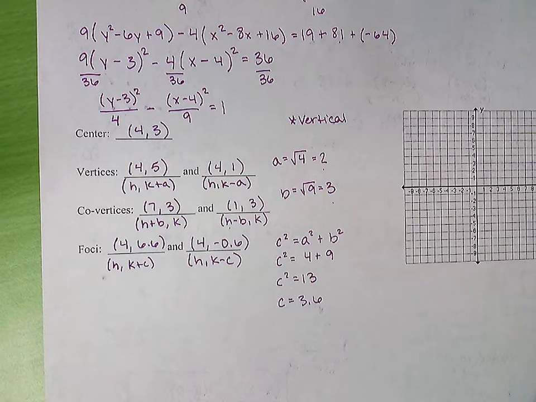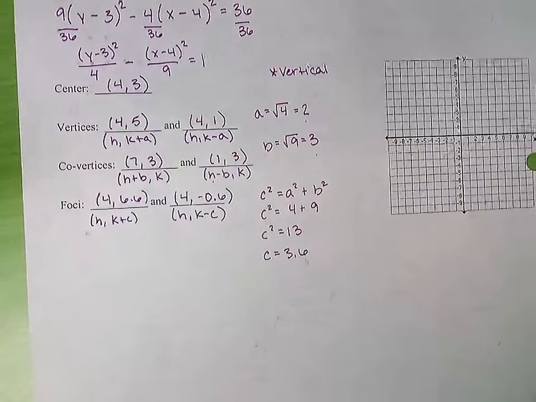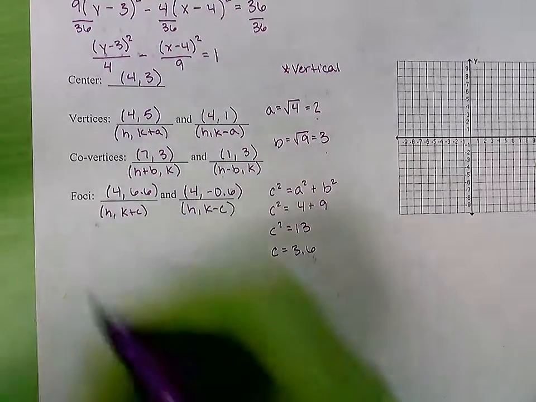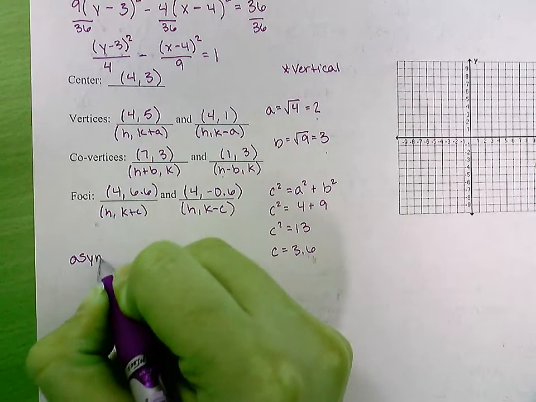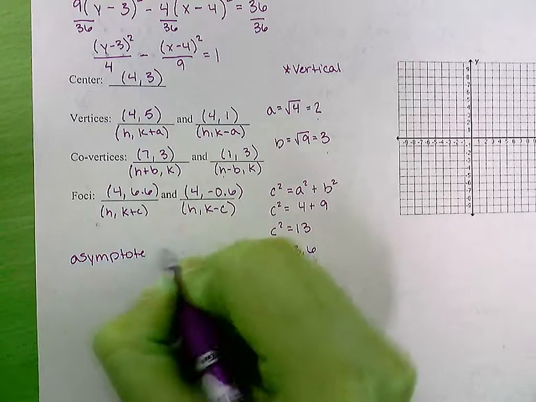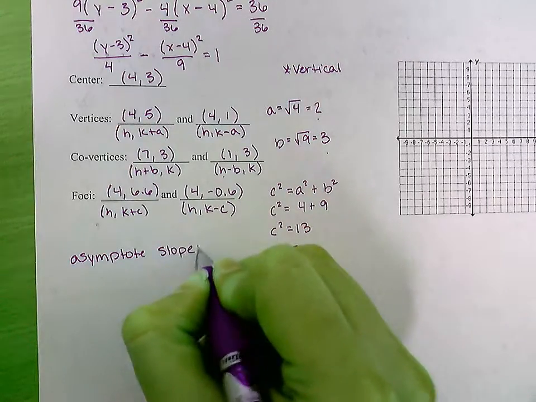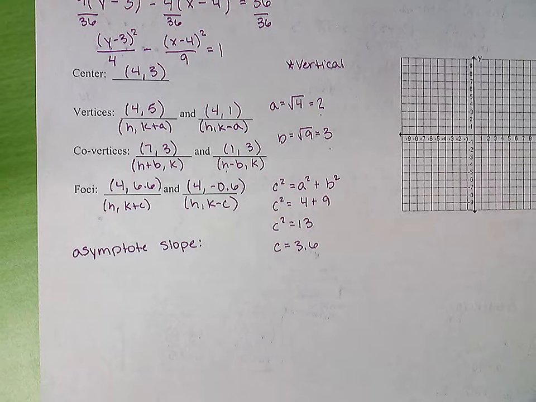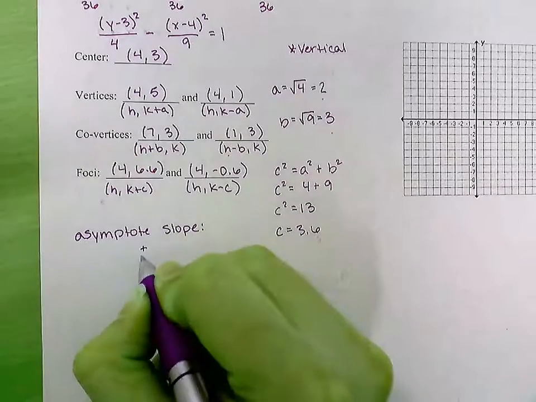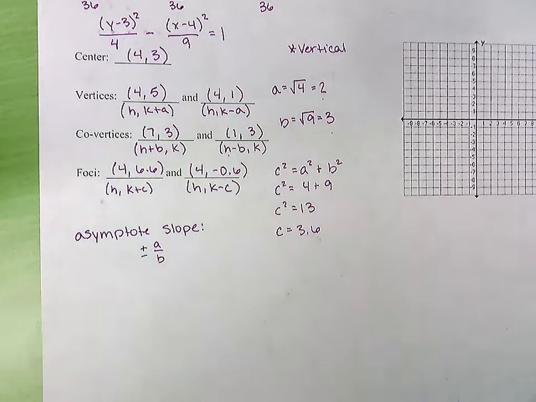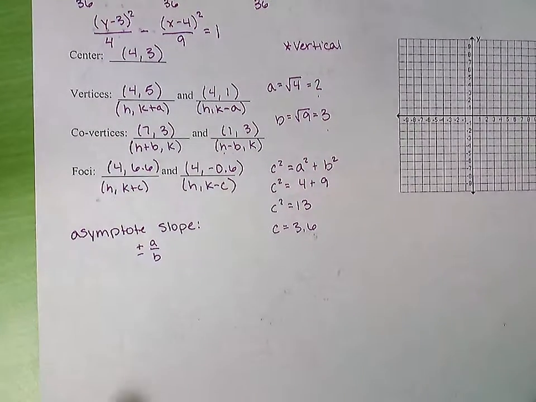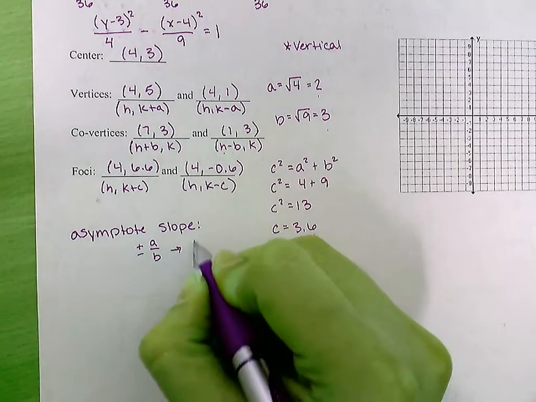Okay, and again, when we are graphing a hyperbola, you do need the slope of the asymptotes. Okay, and since this is a vertical hyperbola, your slope for your asymptote is plus or minus a over b. Okay, and our a value is 2 and our b value is 3.